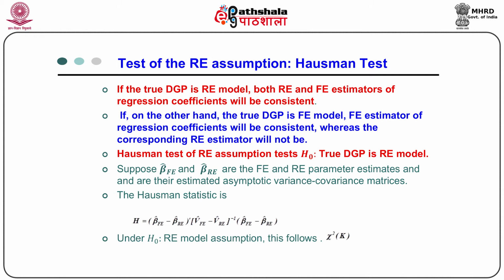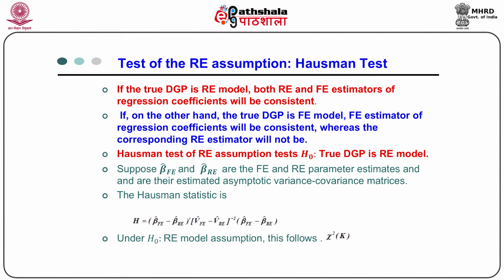Now, suppose beta hat FE and beta hat RE are the fixed effect and random effect parameter estimates, with their estimated asymptotic variance covariance matrices. The Hausman test statistic is given by H equal to the difference between beta hat FE and beta hat RE, transposed, multiplied by the inverse of the estimated variance covariance matrix of the difference between the fixed effect and random effect estimators, multiplied by the difference between beta hat FE and beta hat RE.